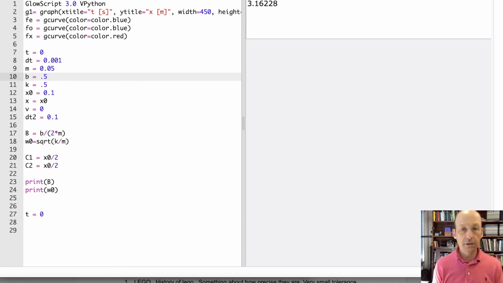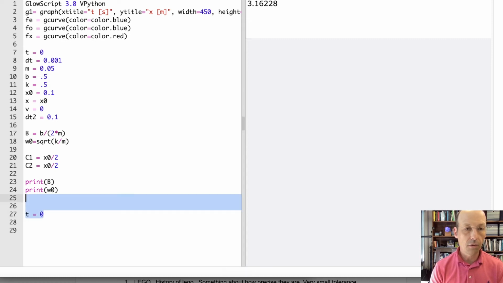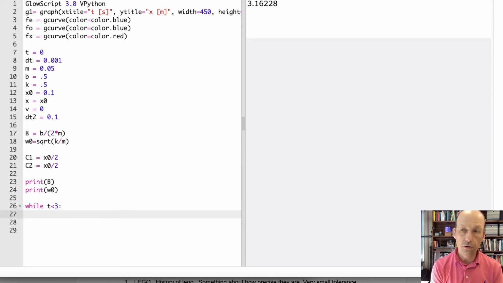All I need to do is just calculate the thing. So I'm going to go down here. I don't need t equals 0 again. I'm just going to say while t is less than 3. The first thing I need to do is calculate that.